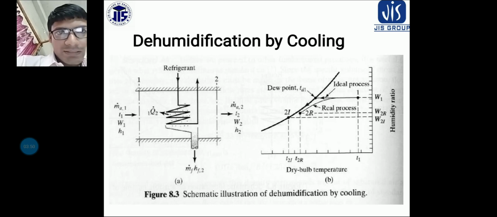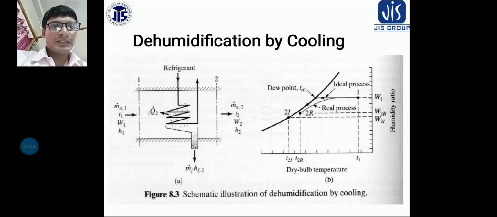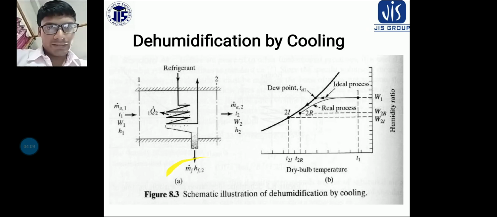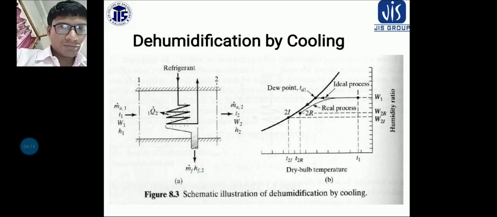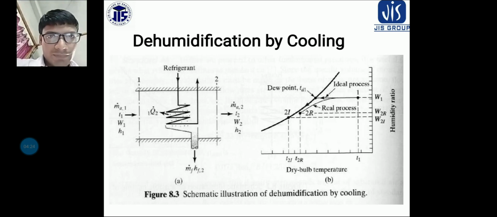When the air enters, with the help of a cooling coil the temperature is reduced, and at the same time some water particles are extracted. We have seen that mf hf, where mf is the mass of the fluid and hf is the enthalpy.